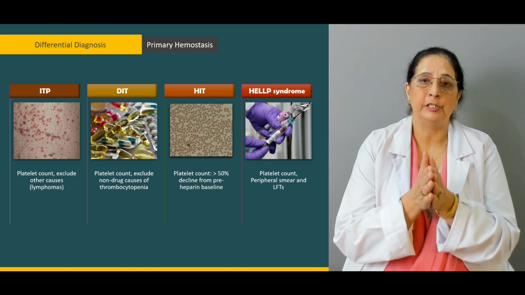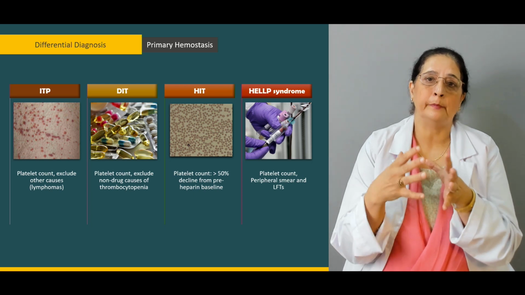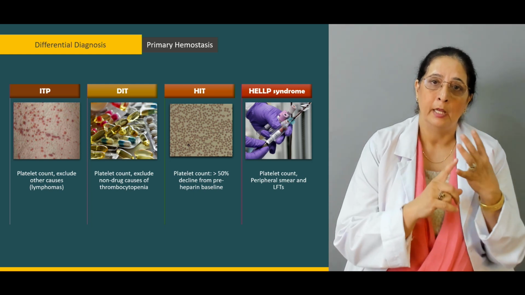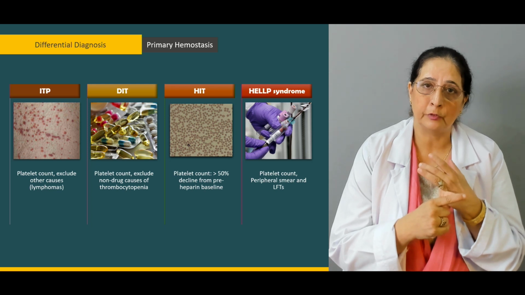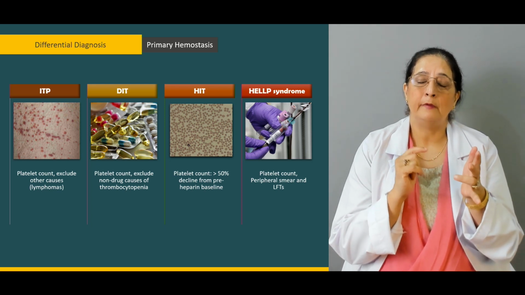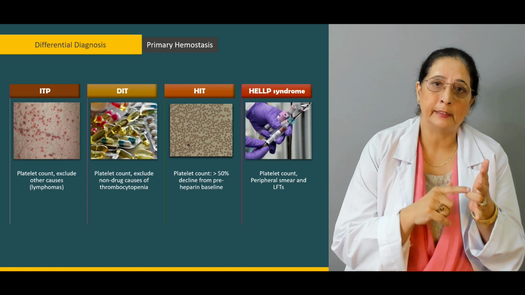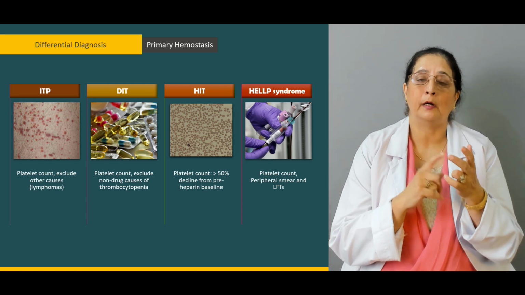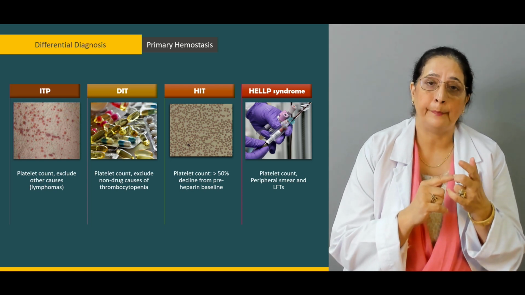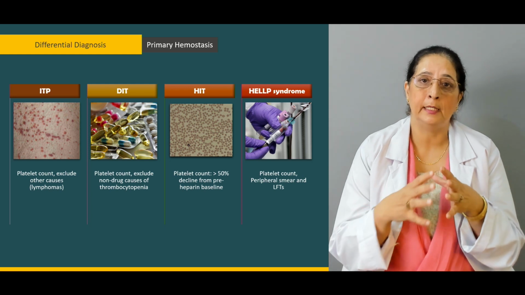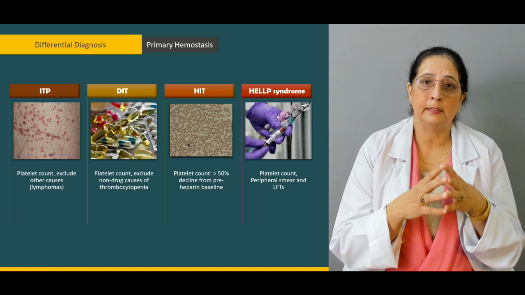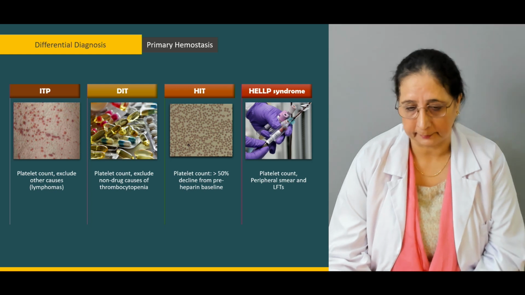All these are differential diagnoses, and we talked about them before also. Drugs can cause thrombocytopenia. Then we have thrombocytopenia after the use of heparin. If there is fall in the platelet levels, that's also important.